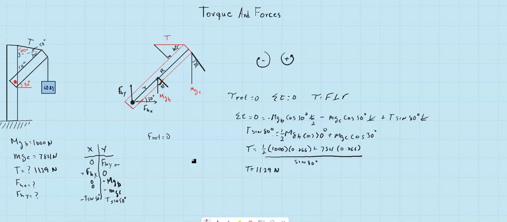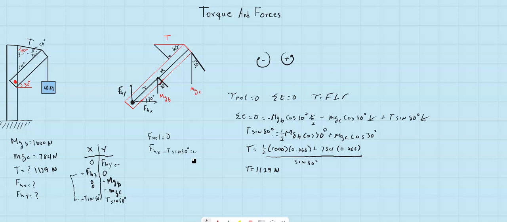So we know that we have right here, this and this right here, FH of x minus T sine of 50 degrees is equal to 0.